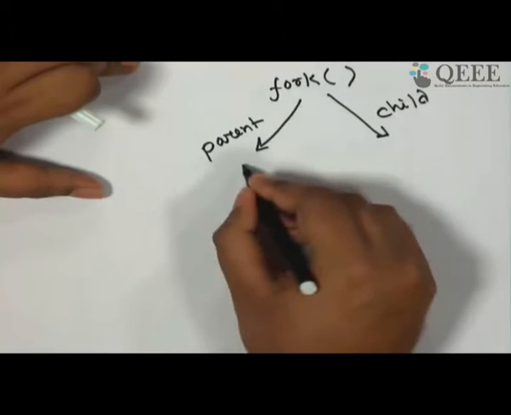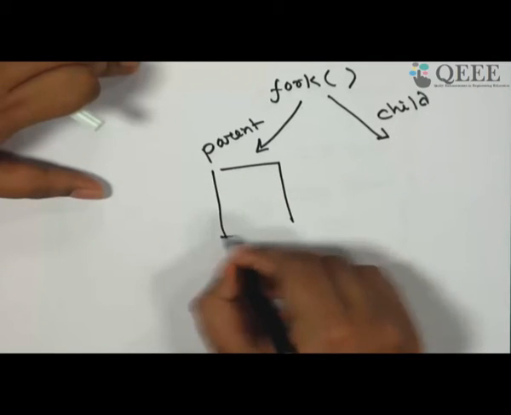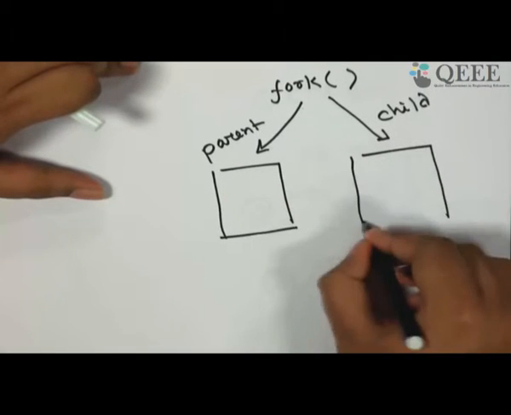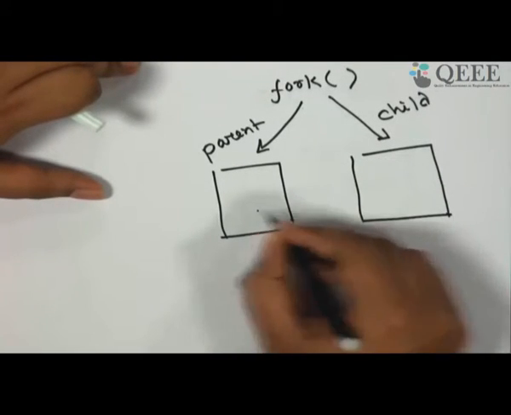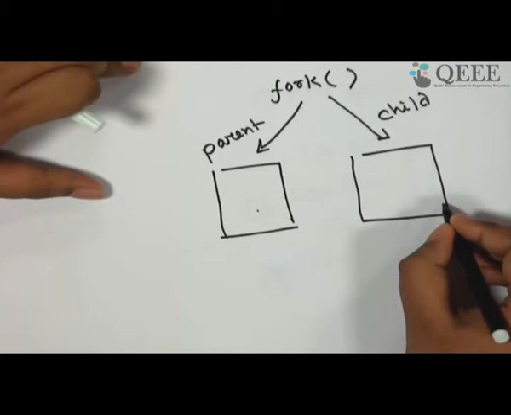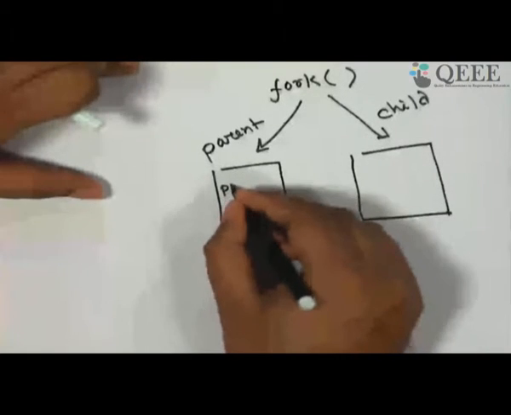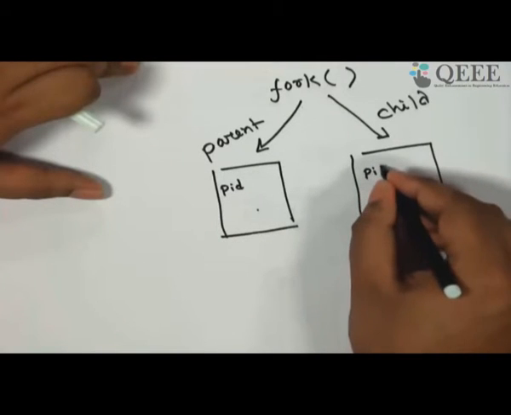Whatever code was there in the parent process, the same set of code is also replicated in the child process, and you have the local variable PID in both cases.